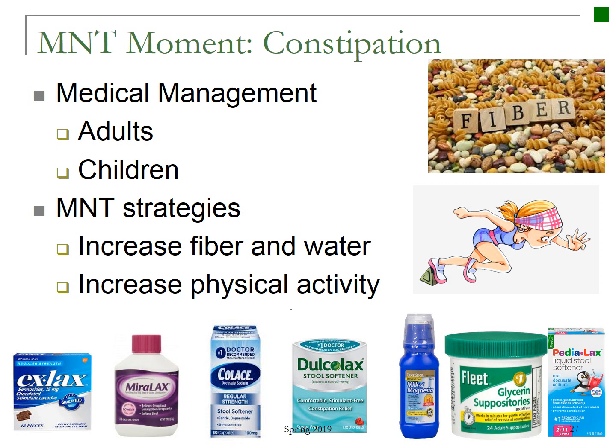The medical management for constipation in adults can include the use of several medications. Stool softeners, including docusate sodium, brand names Colace and Dulcolax, increase the water content in the stool to make the bowel movements easier to pass.